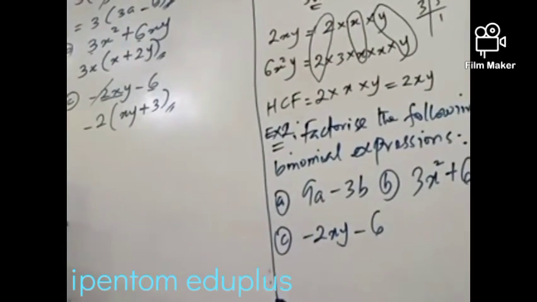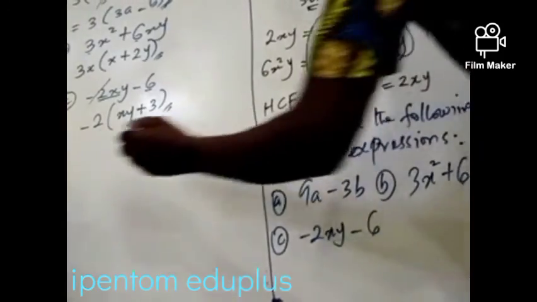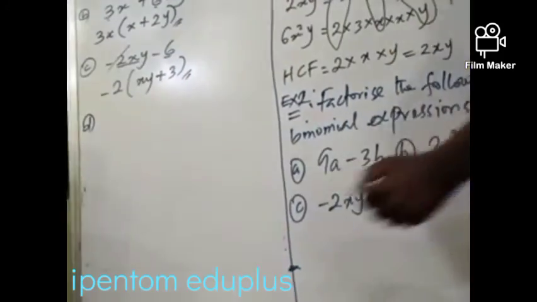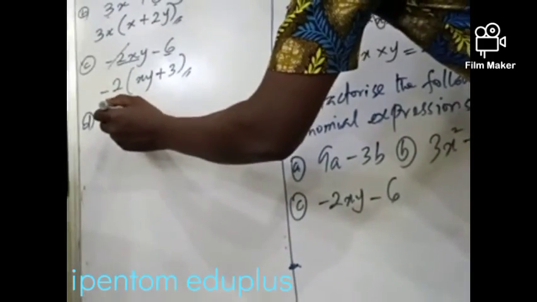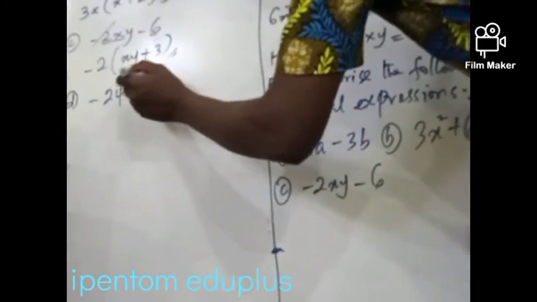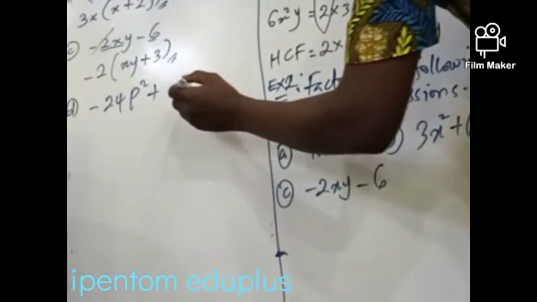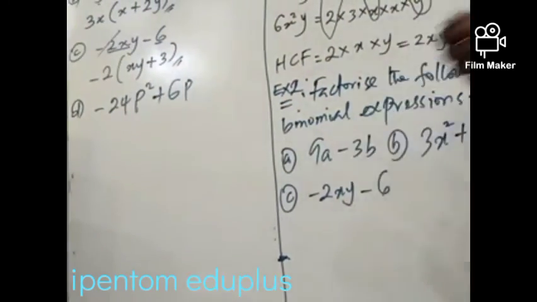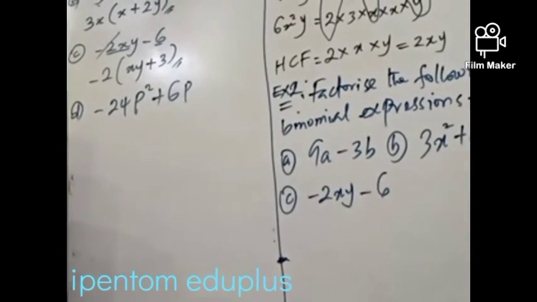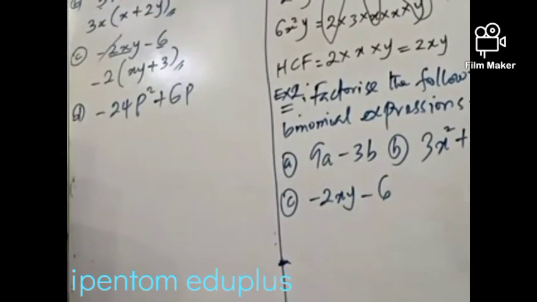Then I would like to introduce another one where we have plus and minus, or minus and plus. For example, if I have minus 24p squared plus 6p, then how do we factorize it? To factorize this is very simple.